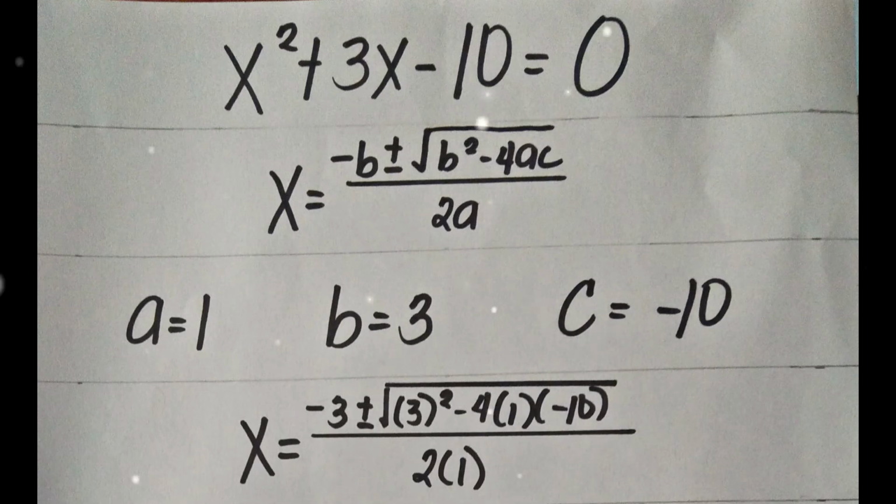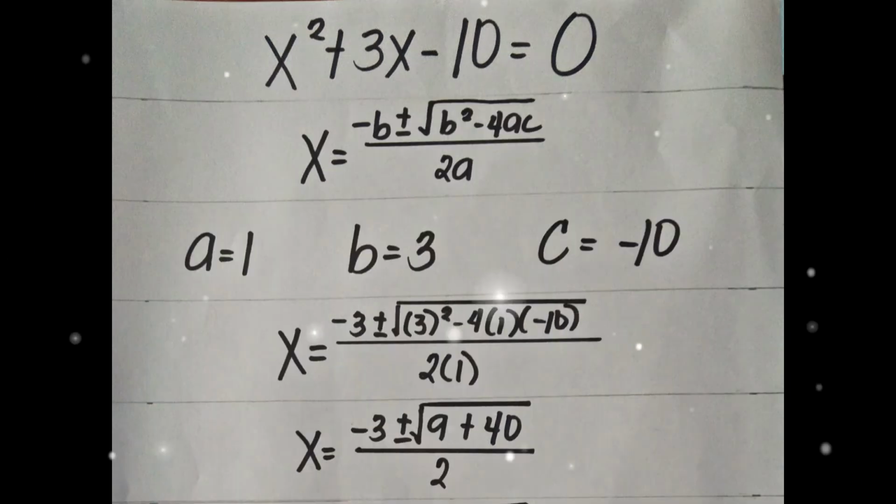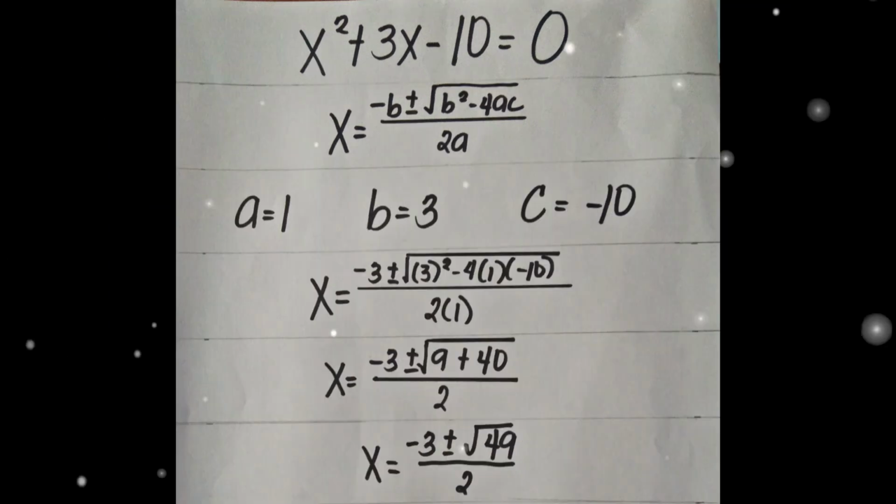So substitute the given values into the formula. We have x equals negative 3 plus minus the square root of 3 squared minus 4 times 1 times negative 10, all over 2 times 1. Simplify it. We have x equals negative 3 plus minus the square root of 9 plus 40 all over 2. Next, we have x equals negative 3 plus minus the square root of 49 all over 2.